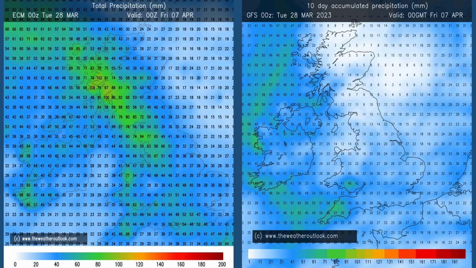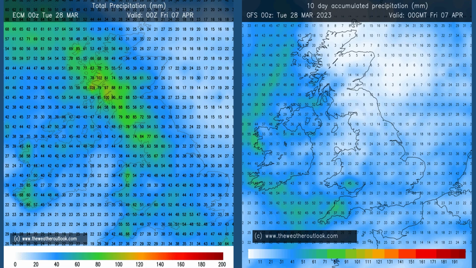Going forwards to the 0 to 10 day period, amounts have increased, particularly in the west. The ECM on the left showing totals of over 100 millimetres in parts of northwestern Britain. It's wet there as well in western Wales and southern England.